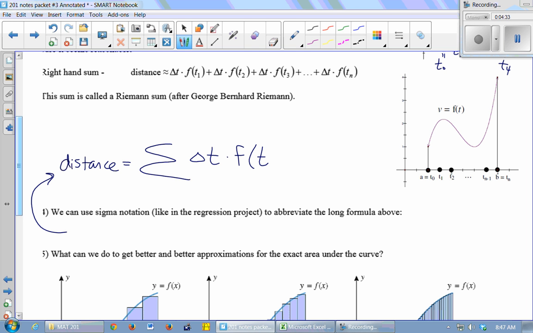I'll use i. And then you say, okay, you're going to add up a whole bunch of terms that all look like that. And for the i's, you're going to start with using a 1 for i, and then what's the very last i you're going to use? n. So you put an n up top. So this is the sigma notation for the right-hand Riemann sum.